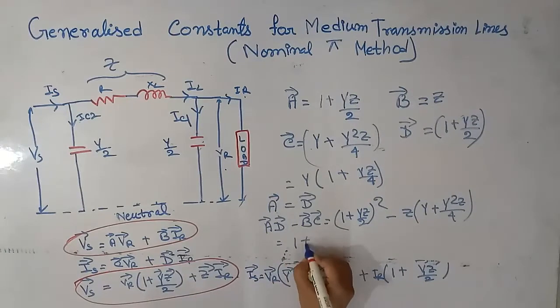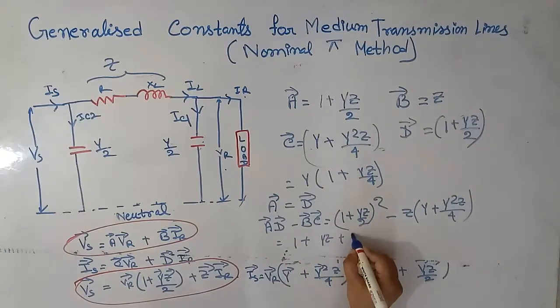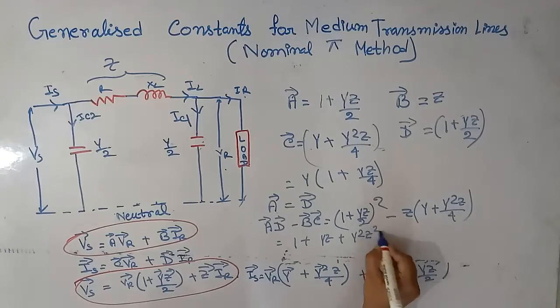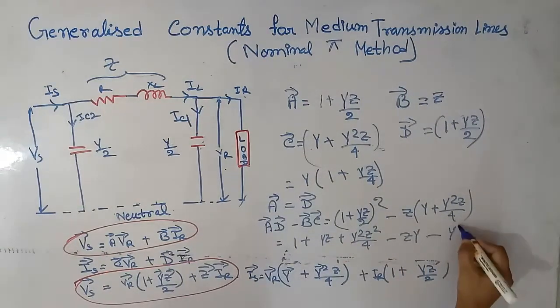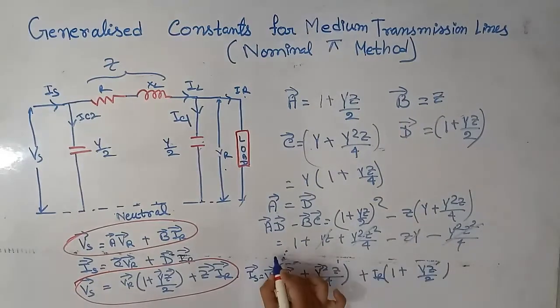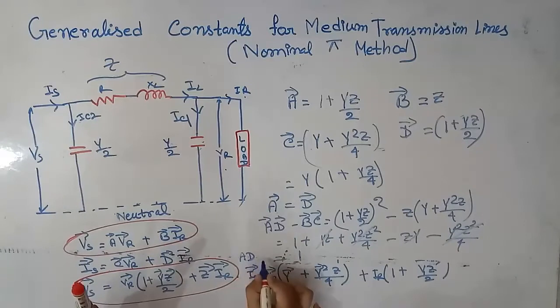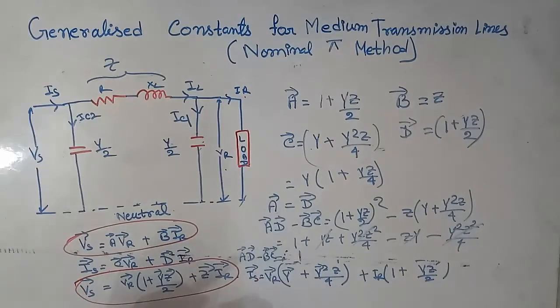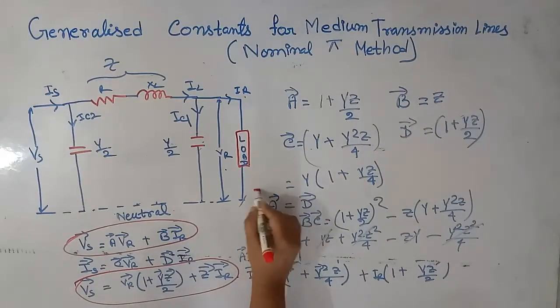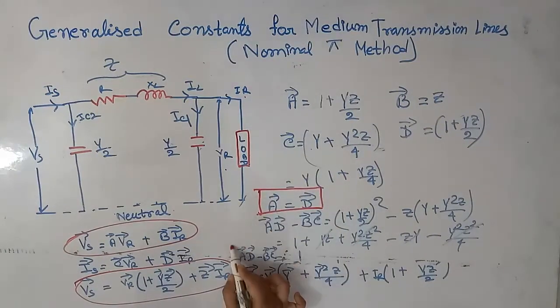This is equal to 1 plus YZ plus Y square Z square by 4 minus ZY minus Y square Z square by 4. Now cancel it, and AD minus BC is equal to 1. So it fulfills two properties of transmission line parameters, that is A equals D and AD minus BC equals 1.